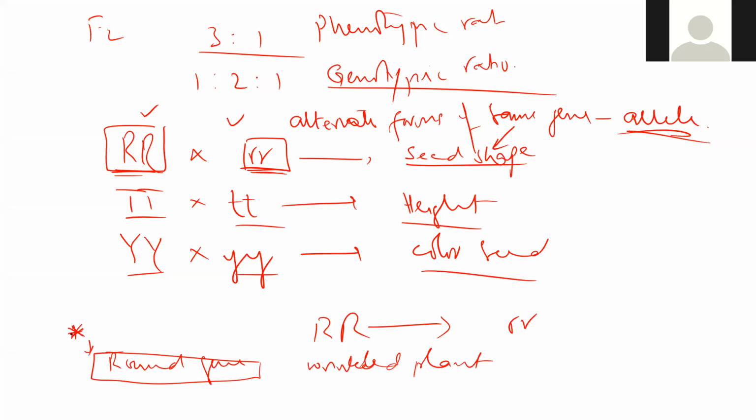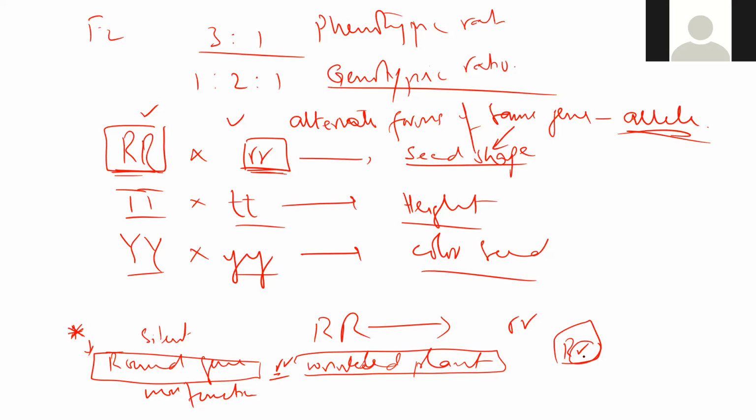I highlight the mutation by this asterisk. So this gene is silent now. This gene is non-functional in wrinkled. So the wrinkled phenotype disappears whenever it comes together with round. We represented this form of the gene with small r, but only 200 years down the road today, we discovered that the gene is the same, but it's a different form of the same gene, which was actually capital R.